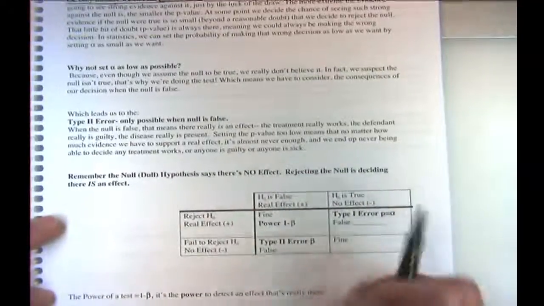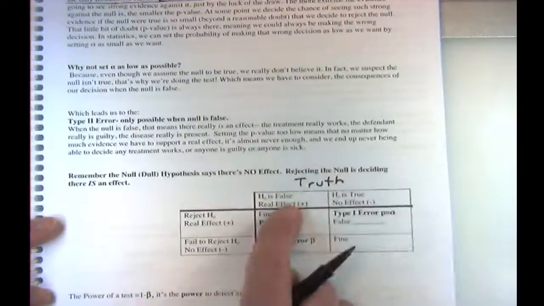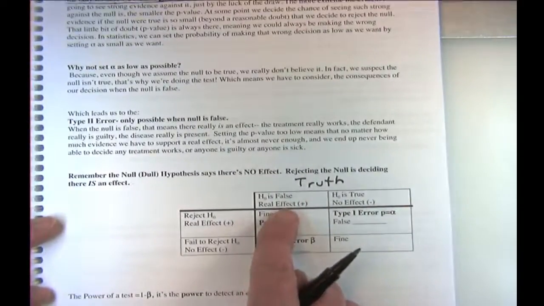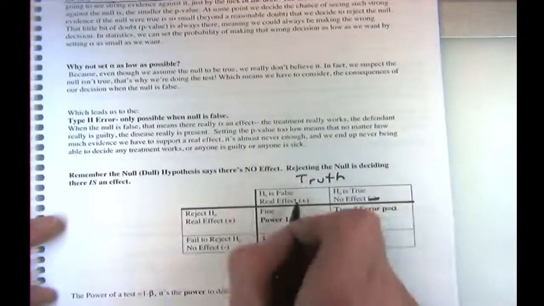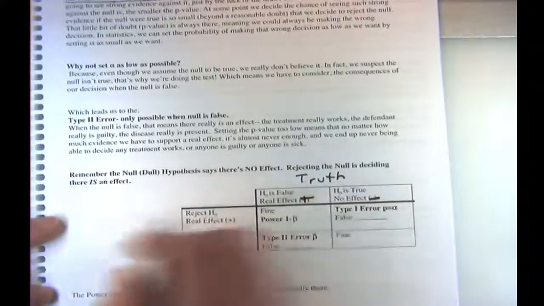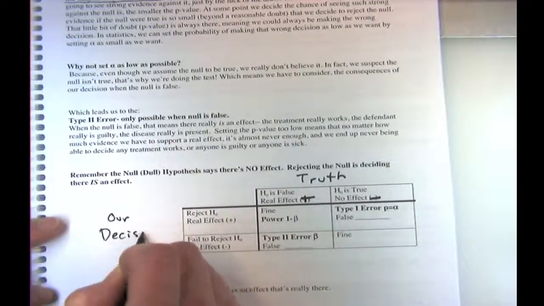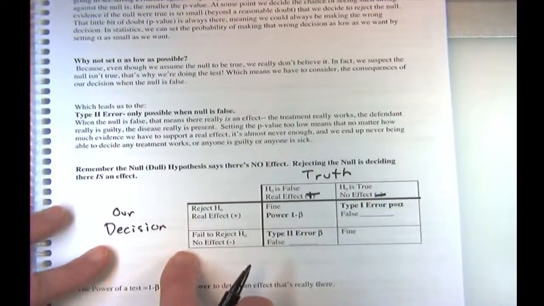So here we have this situation where this is the truth. Either there is a real effect, in which case the null is false, or nothing's going on, no effect. So let's put no effect, or we'll put a positive for real effect, and then we have our decision. And we're making this decision under uncertainty, so there's always a possibility of an error.